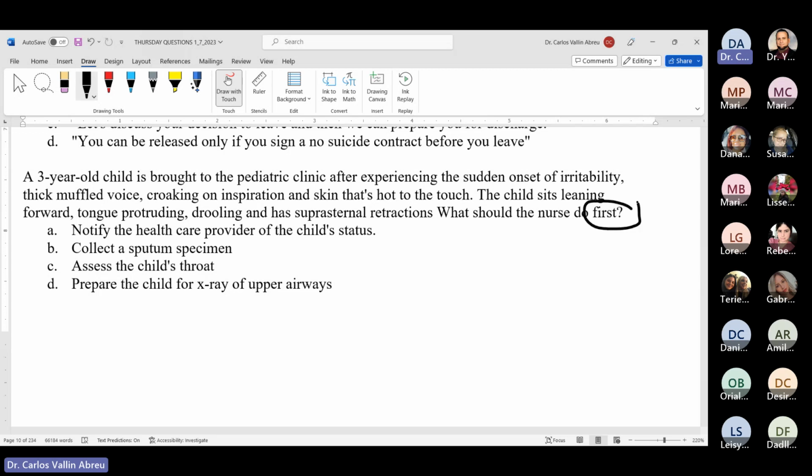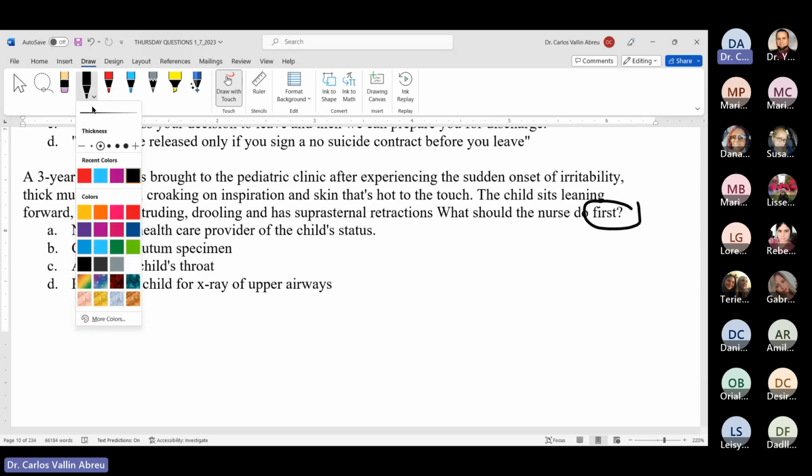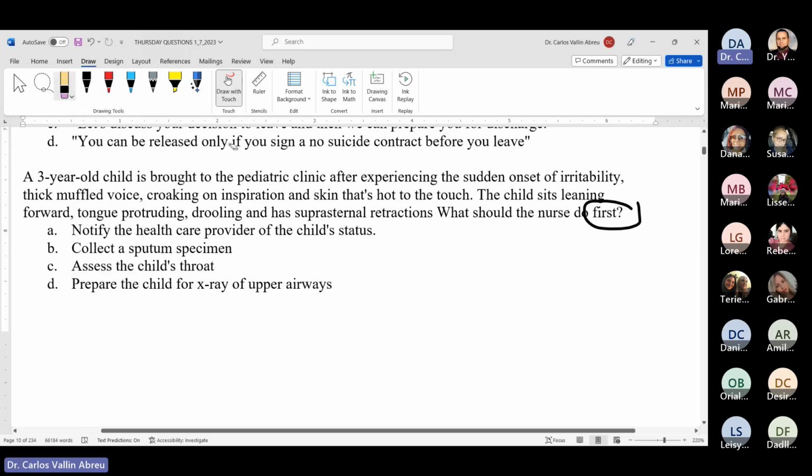Remember that those "what to do first" questions make the question very difficult. Notify the healthcare provider of the child's status, collect a sputum specimen, assess the child's throat, prepare the child for x-rays of the upper airway. What do you think?